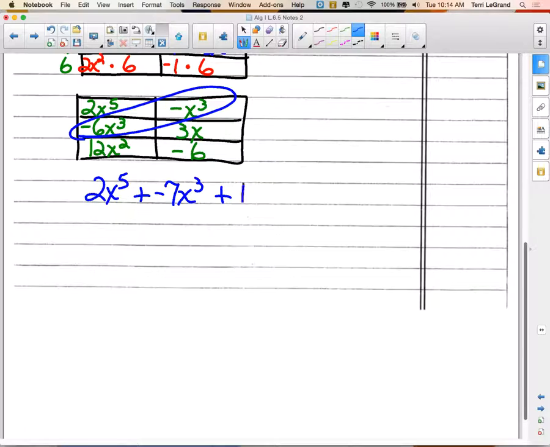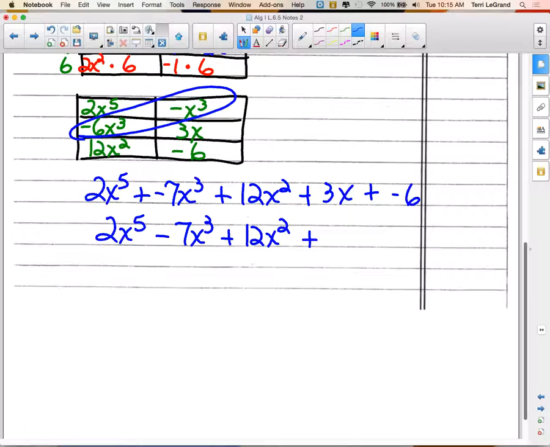Plus 12x squared, because then I'd be getting it in standard form, wouldn't I? What's the next one to bring down then? 3x, and then the negative 6. Okay. And now we'll clean this up. 2x to the 5th minus 7x cubed plus 12x squared plus 3x minus 6.